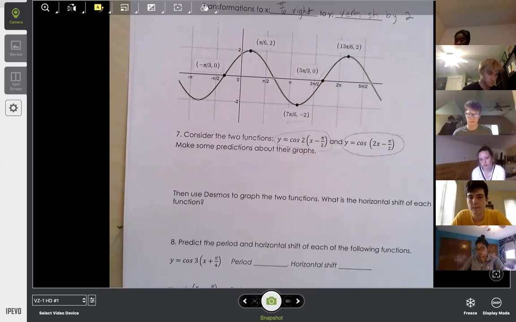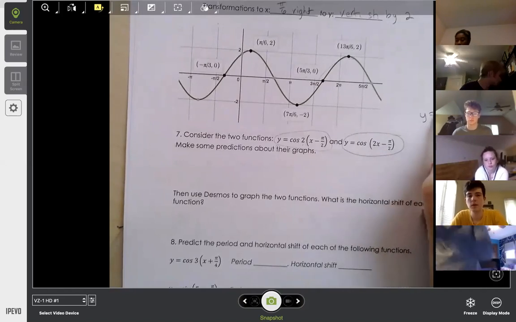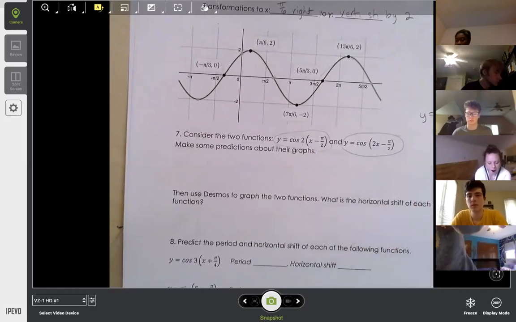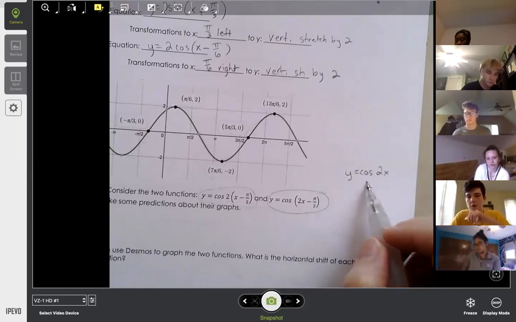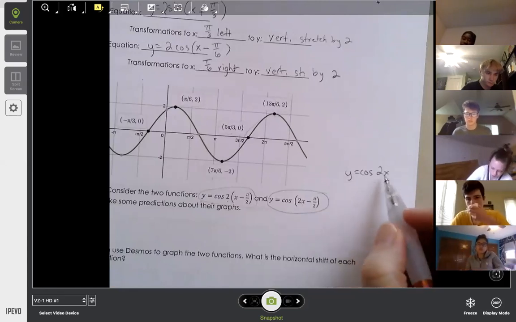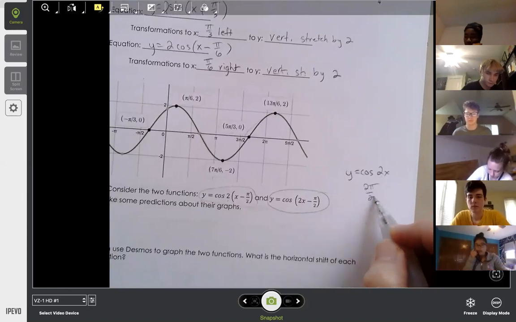Either one. How do we, if I just have y equals cosine of 2x, how do I find the period of this, folks? 1 what? 1 pi, or just pi. Okay, because we would divide the period by the 2 and be pi.